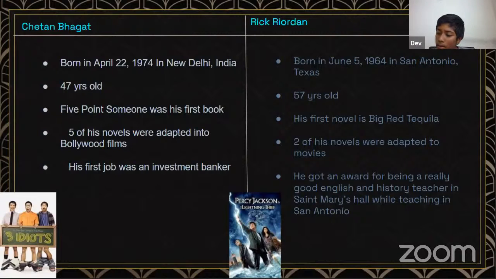5 of his novels were adapted into Bollywood films, like Hello in 2008, 3 Idiots in 2009, Kai Po Che in 2013, 2 States in 2014, and Half Girlfriend in 2017. In 1997, he graduated with a Master of Business Administration degree.